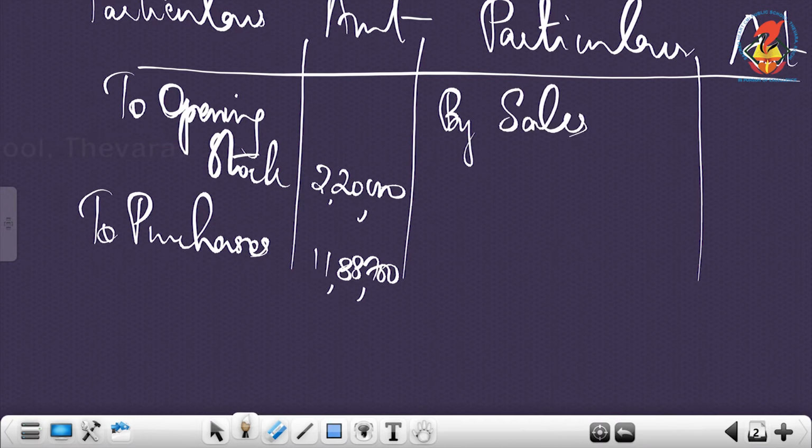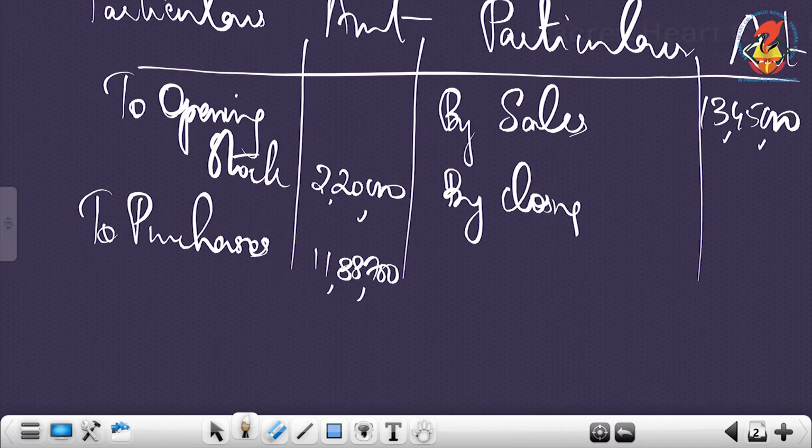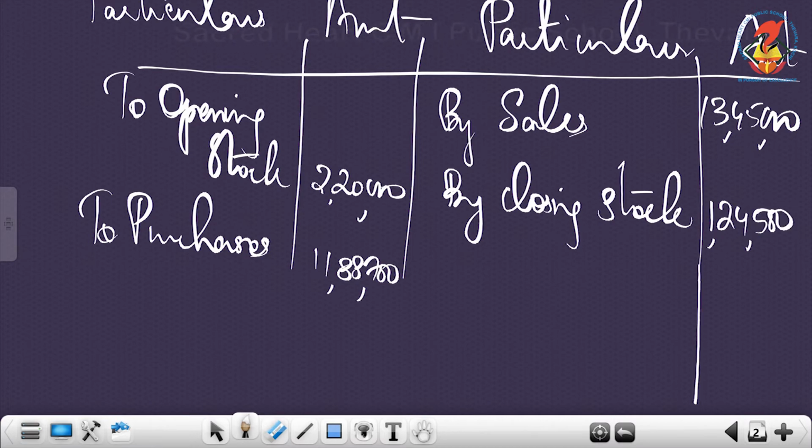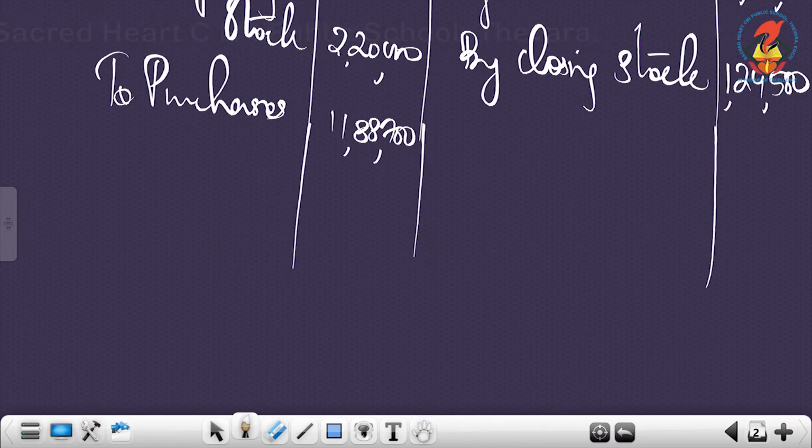Write sales less returns if you have. Here we don't have any returns, so just write sales figure in the outer column, 13,45,000. Then on the credit side we have to write closing stock, take the amount from the adjustment. Closing stock, it is 1,24,500. Find the balancing figure. See whether it is a gross profit or a gross loss.